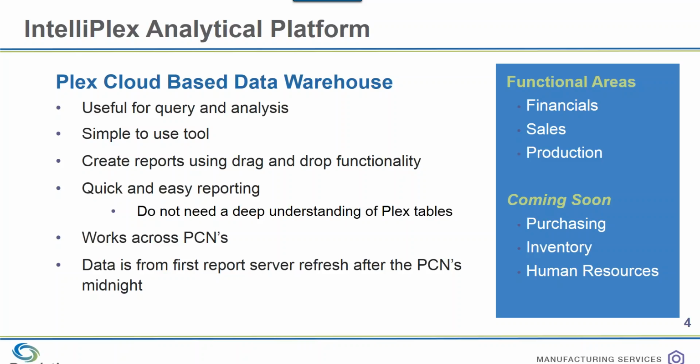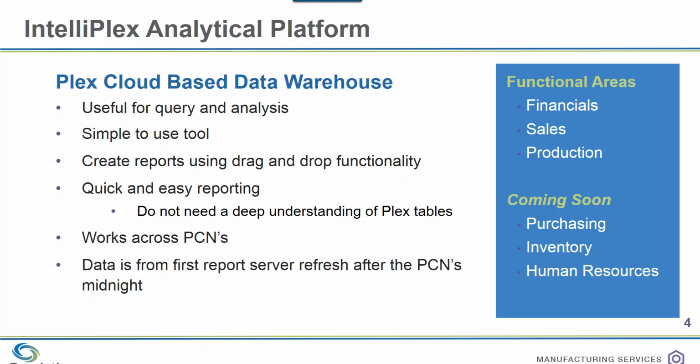So the Intelliplex Analytical Platform tool is designed to quickly create reports and graphs to help you analyze your business. Within the data warehouse, Plex has created a series of functional areas and the details that go along with those areas, and those are called domains and stars.